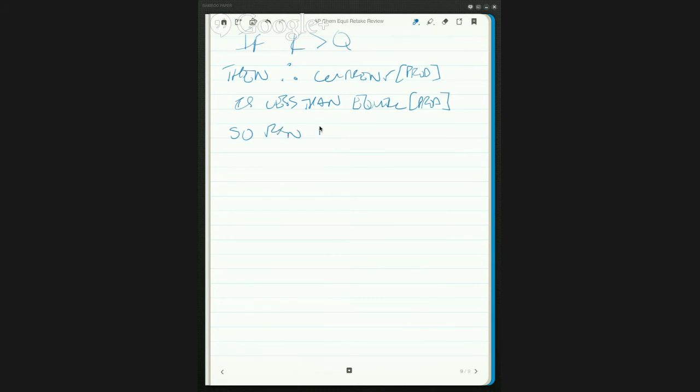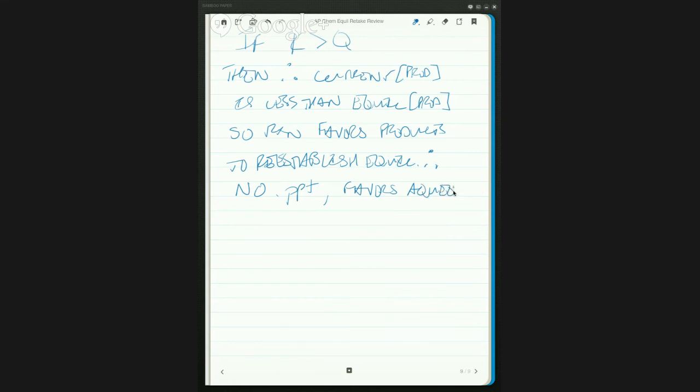So the reaction favors products to reestablish equilibrium. Therefore, no precipitate, favors aqueous ions. So you need to be able to explain that as well as do the calculation, but hopefully that makes sense to you guys.